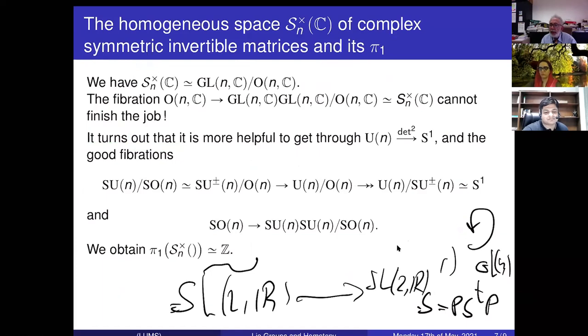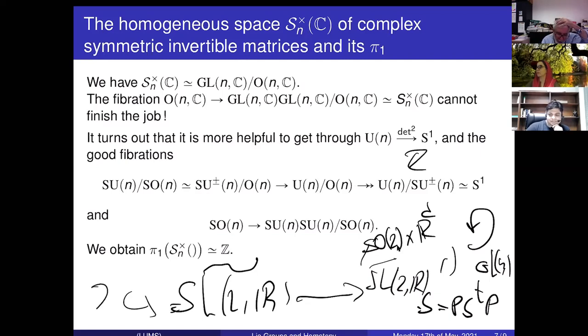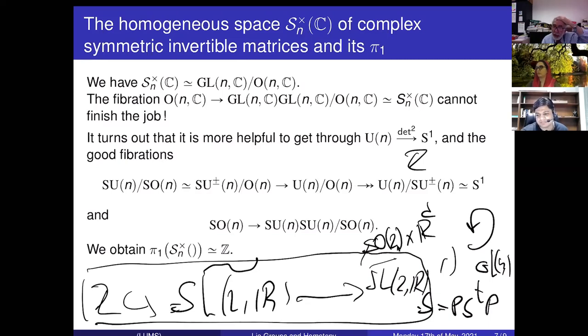And if we look at SL2R, what is its pi_1? SL2R is homotopic to SO2, so its pi_1 is Z. So the kernel here will be Z. So you have here a short exact sequence which connects the universal cover of SL2R and SL2R.